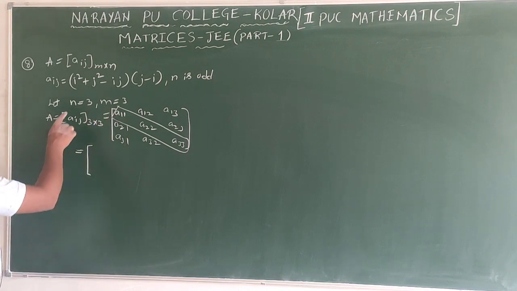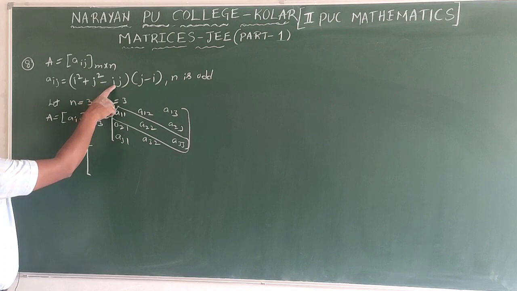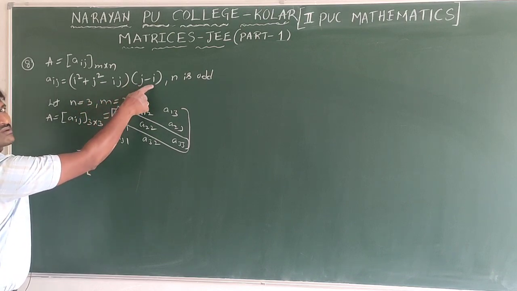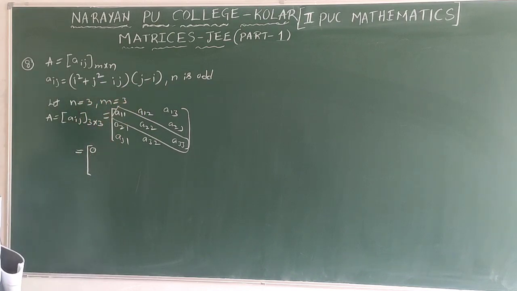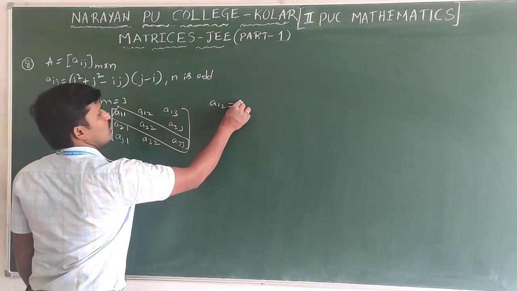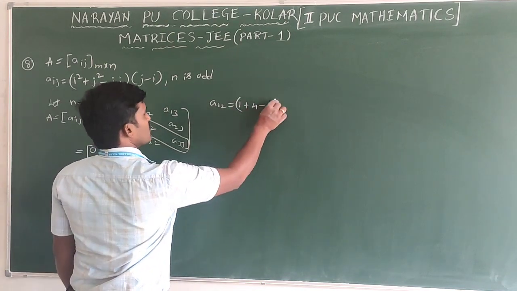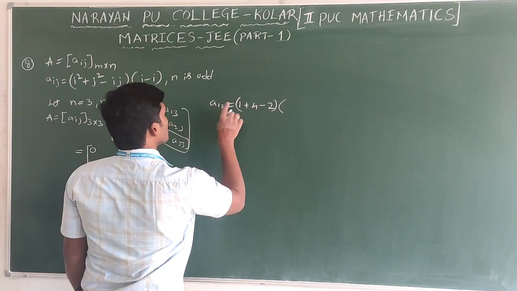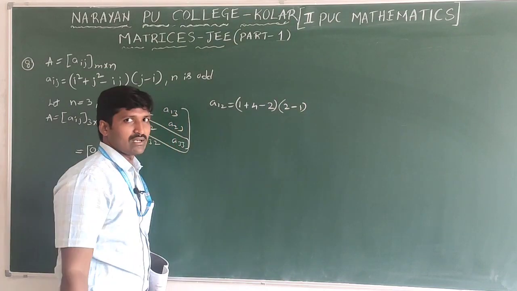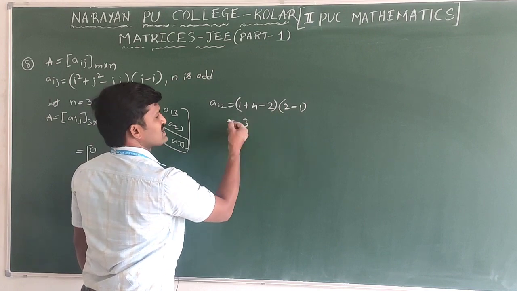A11 means 1 square plus 1 square, 2, minus 1 into 1 minus 1, which is 0. A12: 1 square is 1, 2 square is 4, minus 2, because i into j is 2. 1 plus 4, 5, 5 minus 2 is 3. 3 into 1 is 3.